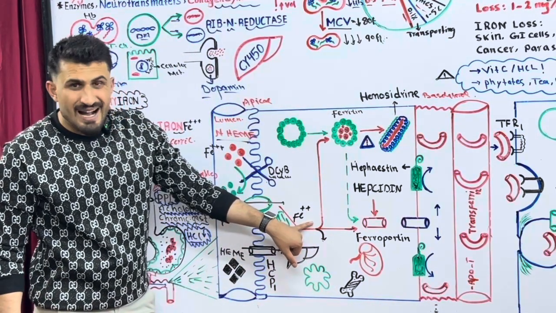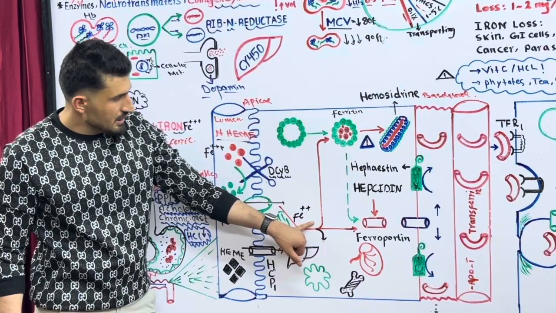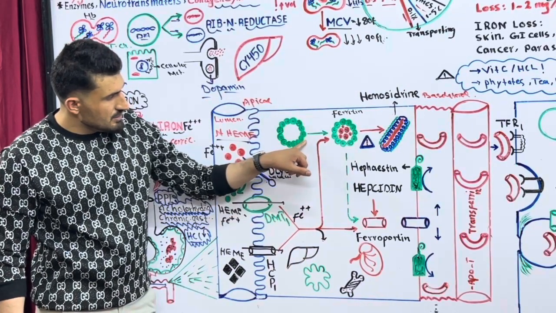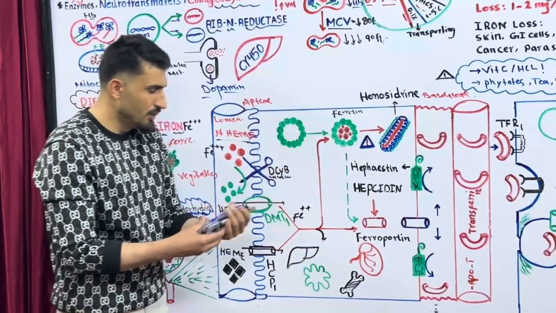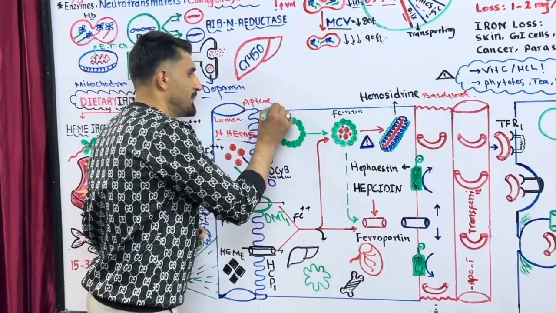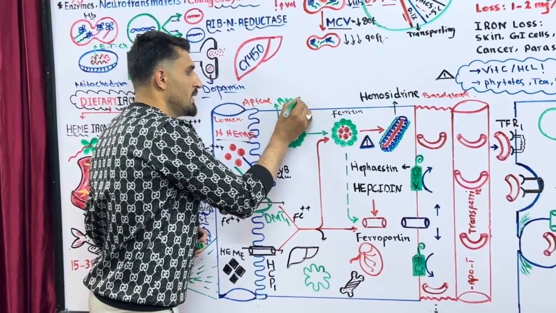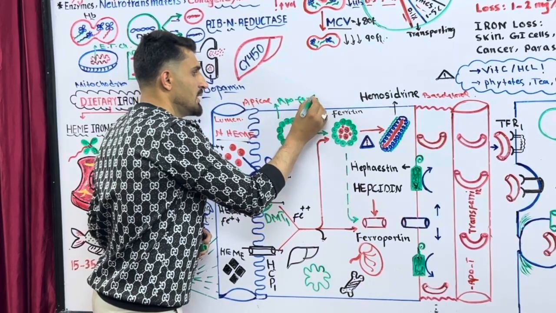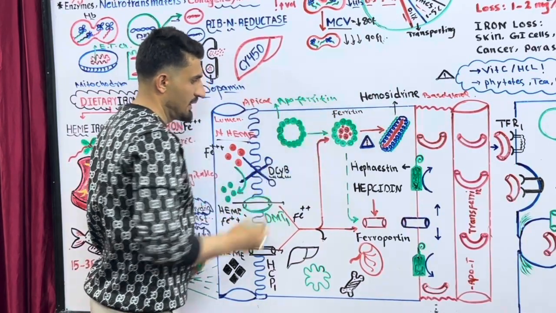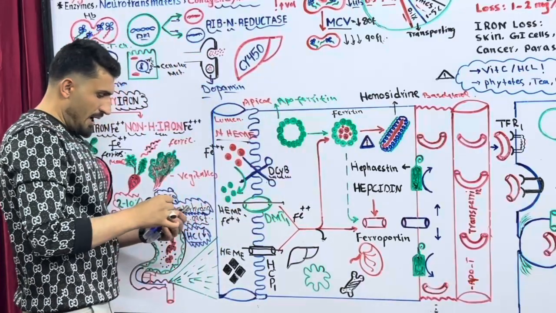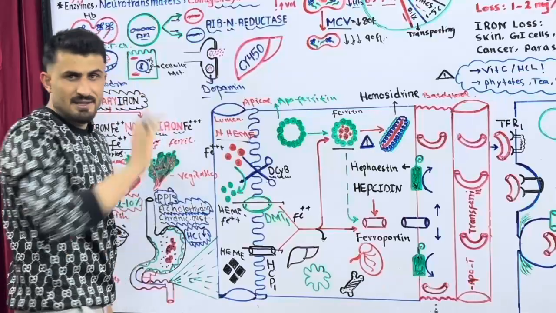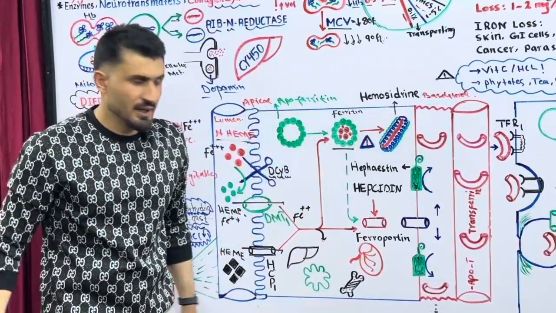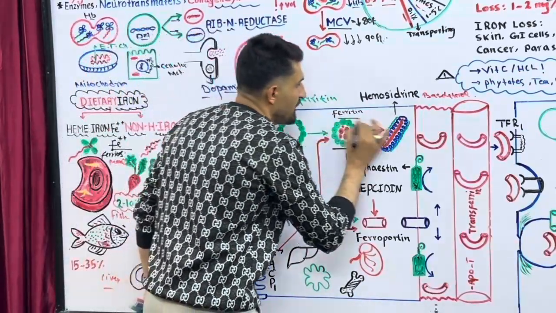Some of this iron binds to a protein called apoferritin. It binds to apoferritin and is stored inside different cells of the body in the form of ferritin.